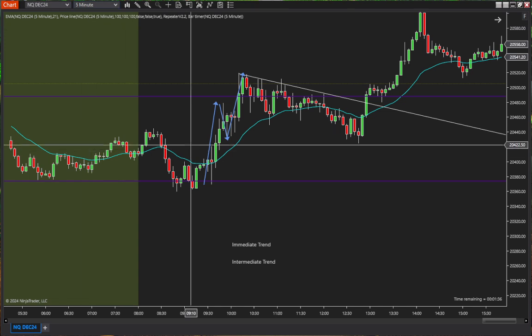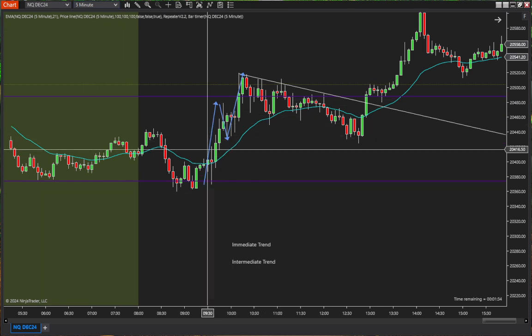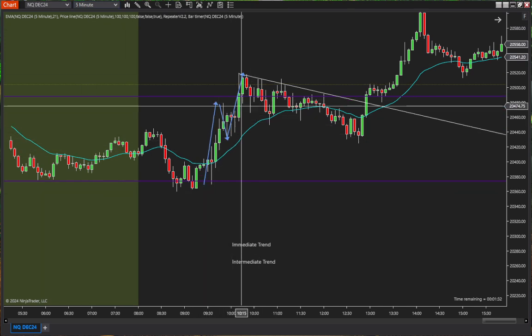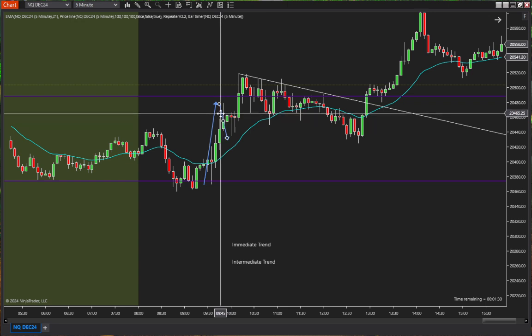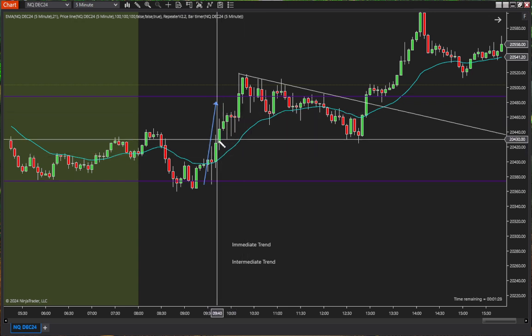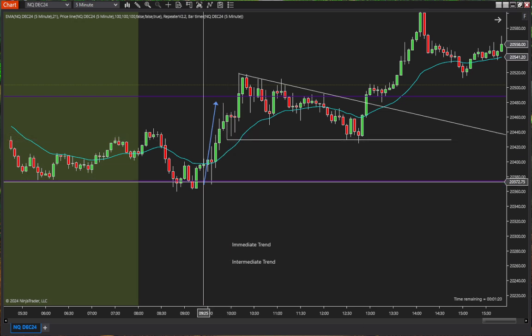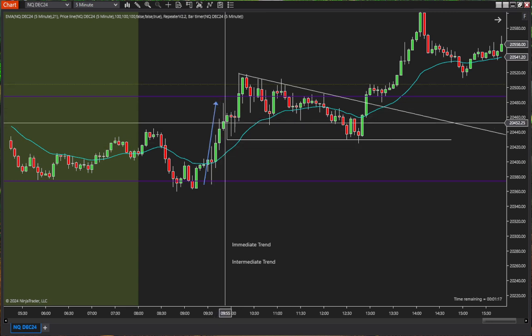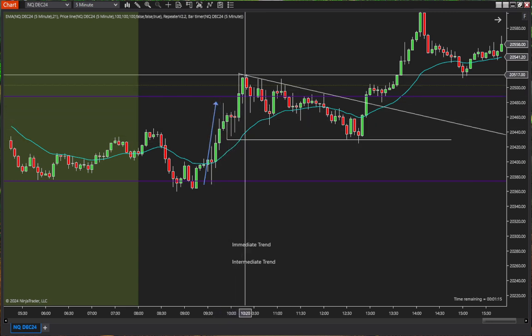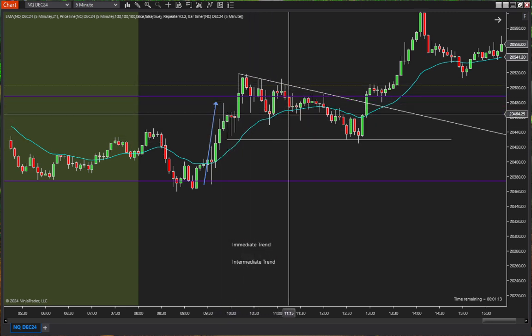So now that we know that this is the 5-minute market structure, let's mark off that low. So now we know that this is the low. We're trying to move higher and we're rejecting.